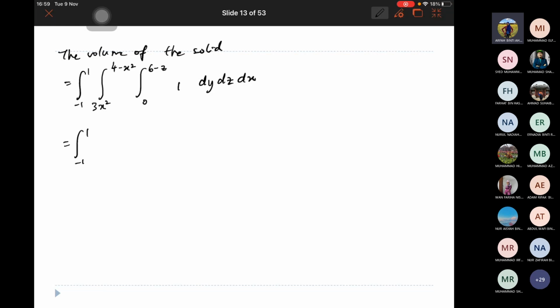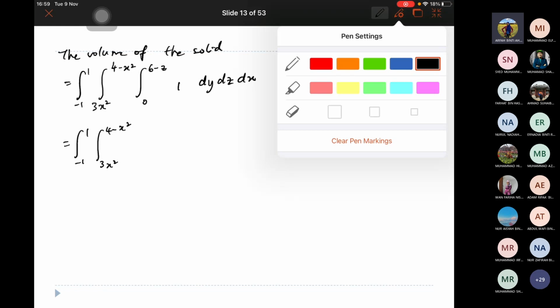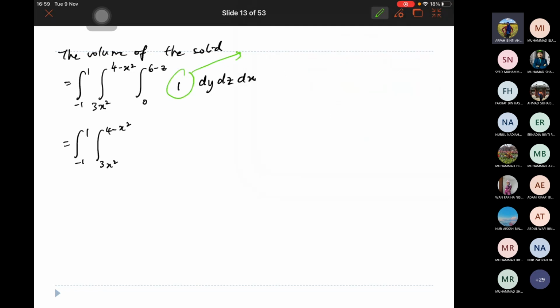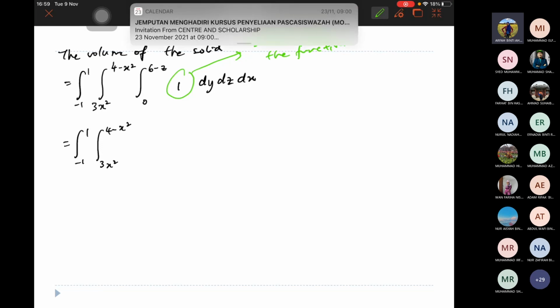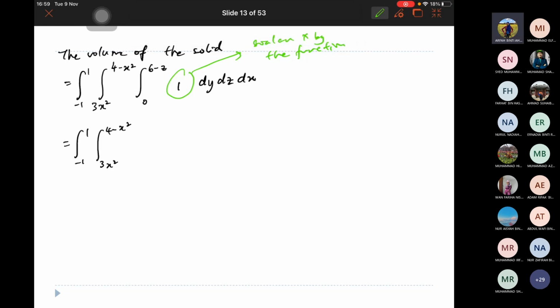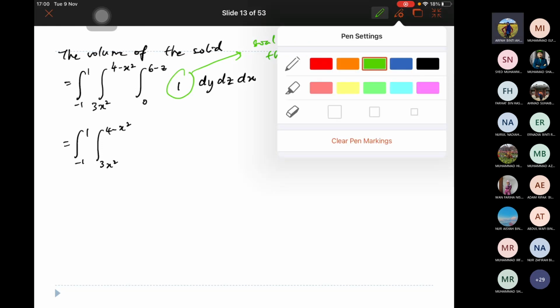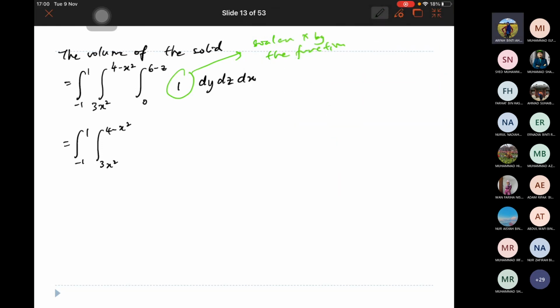So kita letak 1 over here sebab soalan tak bagi function. So letak je 1 sebagai dia punya fungsi. Okay, so daripada sini dia akan jadi y 0 sampai 6 tolak z, dz, dx.